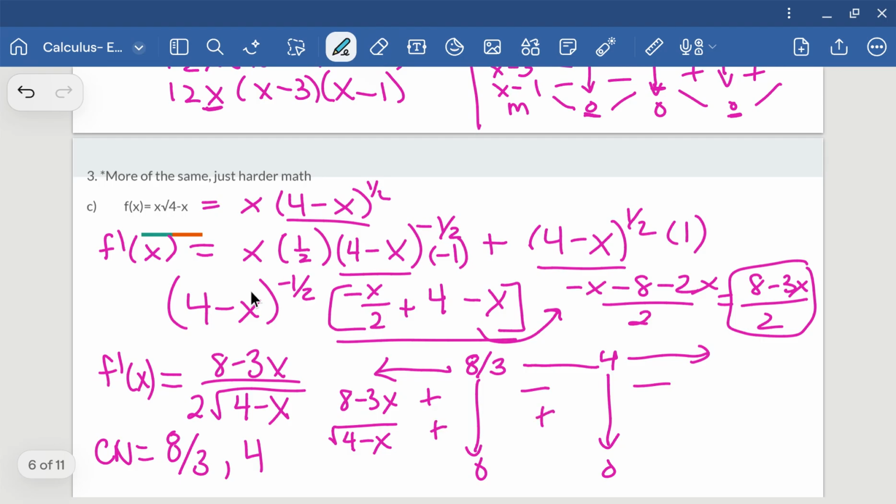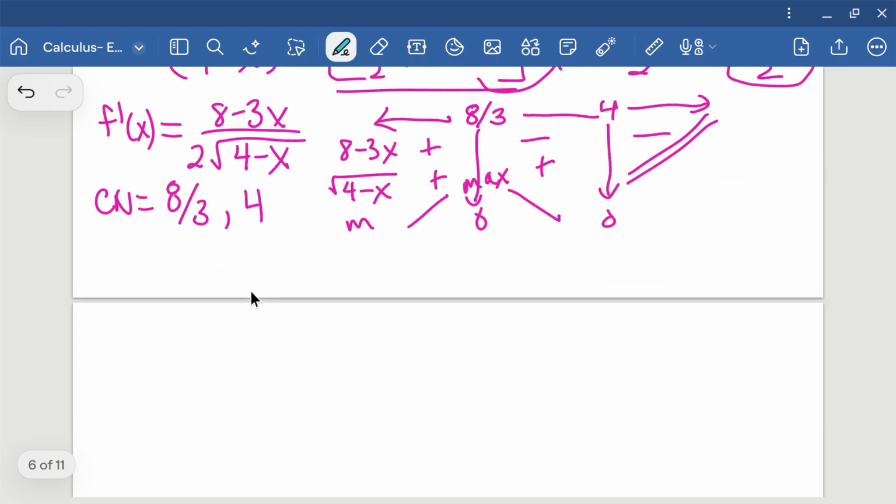And then if you plug in anything above 4, that would make what's under the radical negative, and that's not possible. So in terms of our math, this will not exist for x values above 4. So with that, looking at your slope, we have a positive slope to start, then we have a negative slope. So we do have a max right here at 8 over 3.